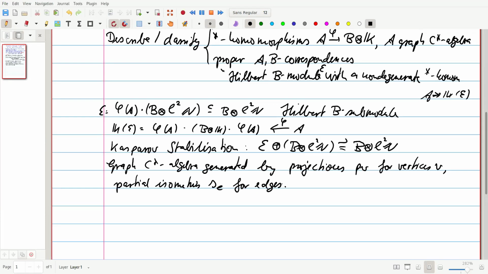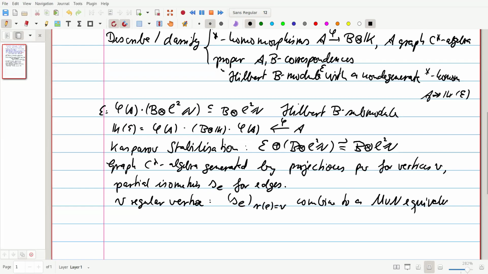So if V is a regular vertex, then all the S_E for range of E equal to V combine to a Murray von Neumann equivalence between the projection for V and the direct sum of the projections for the source of E, where I'm summing over all edges in the range pre-image of V.